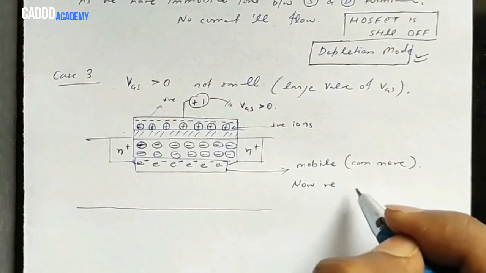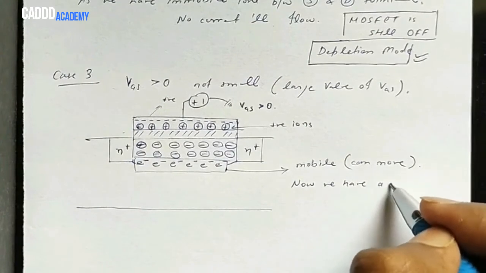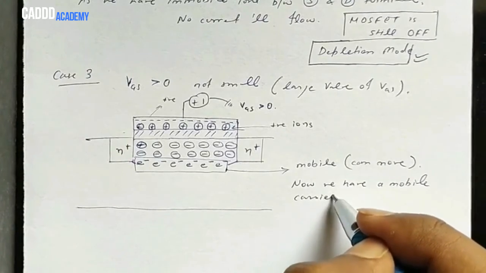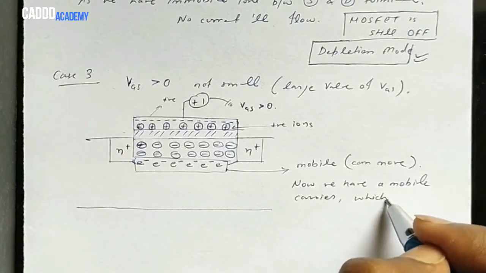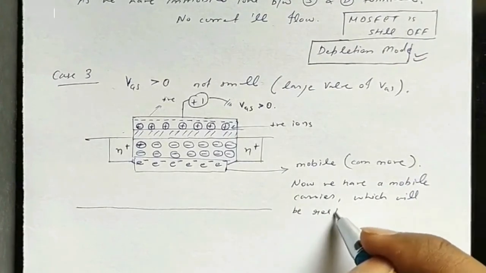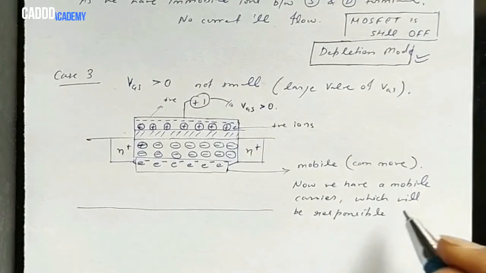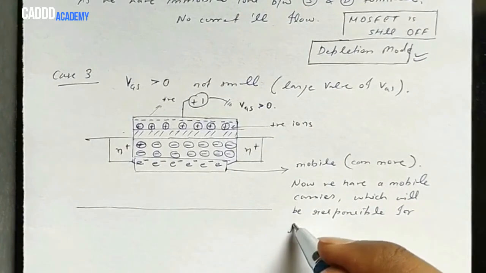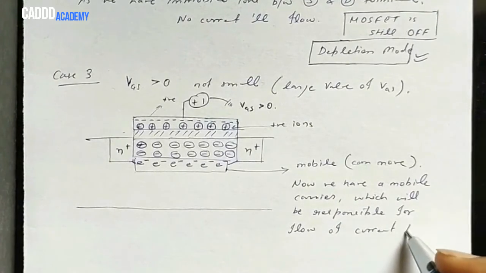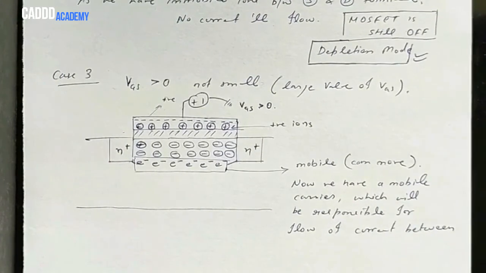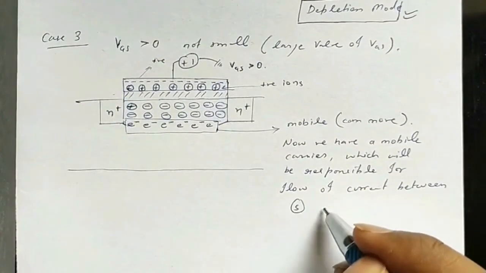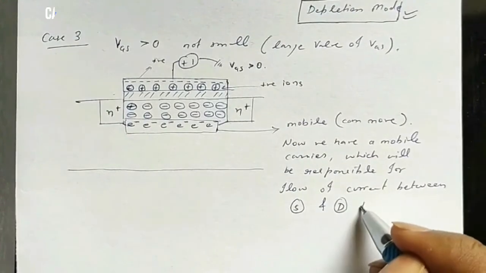So now we have a mobile carrier which will be responsible for the flow of current between the source and the drain terminal.